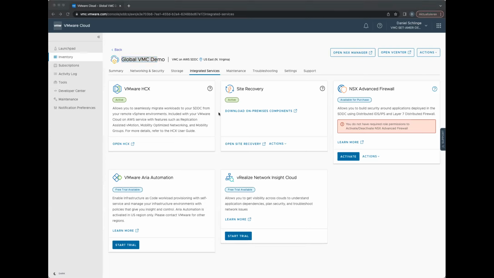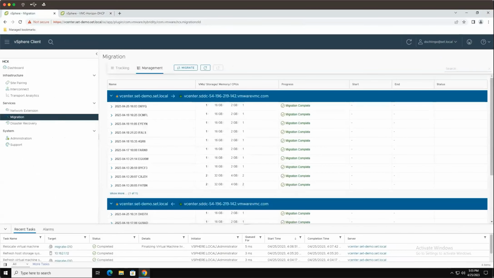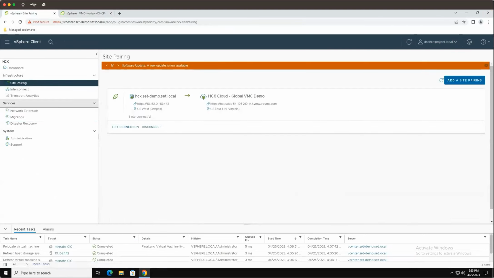What this looks like is this one, which to this one. And this is the dashboard for the infrastructure. For example, this one is site pairing. And if I deploy it and say activate, this dashboard will be available in the vCenter.